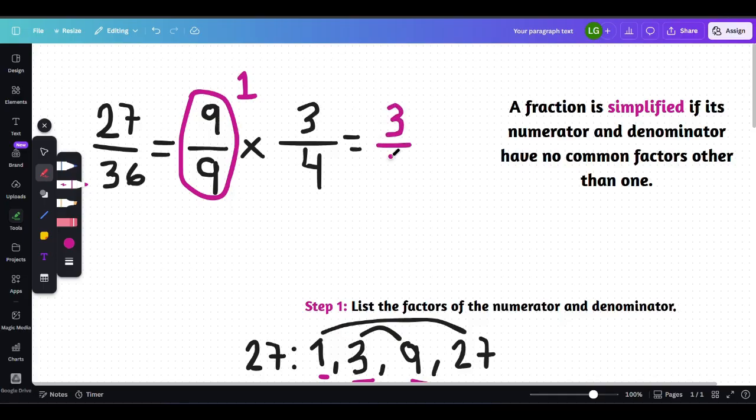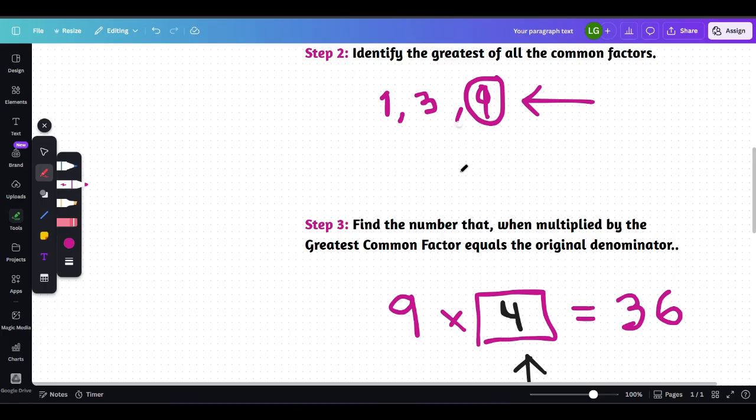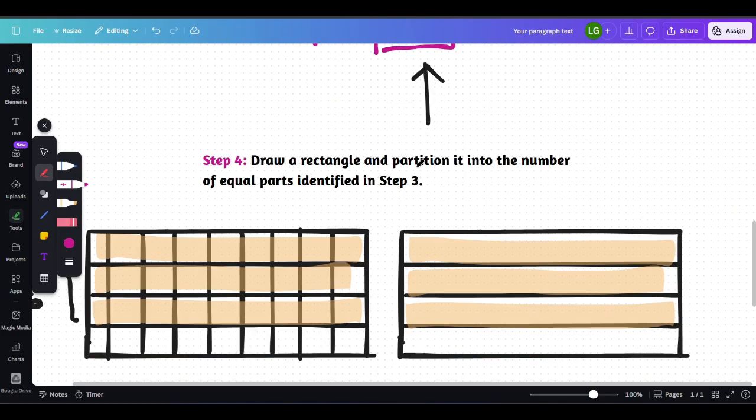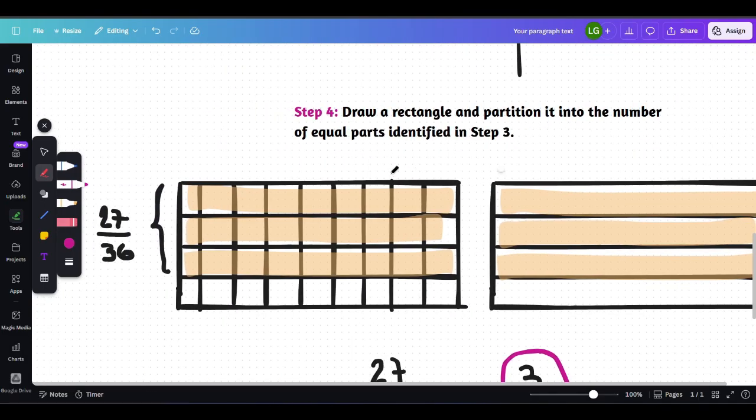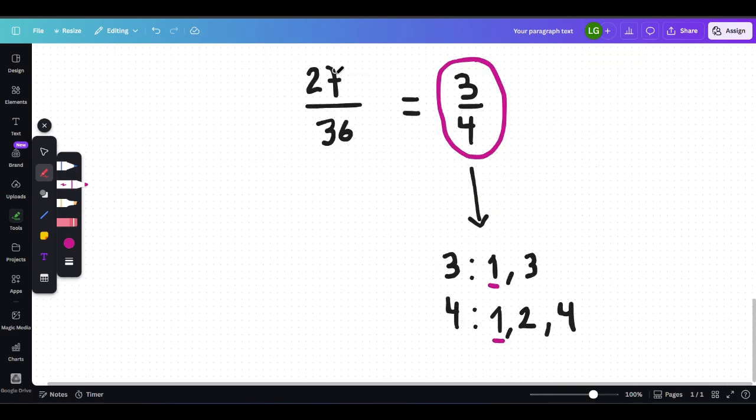Because if I multiply any number by 1, it results in the same number, 3/4. So that's it, guys. We already went through the 4 steps to simplify a fraction visually. Okay? And we got this conclusion that 27 over 36 is the same as 3/4.